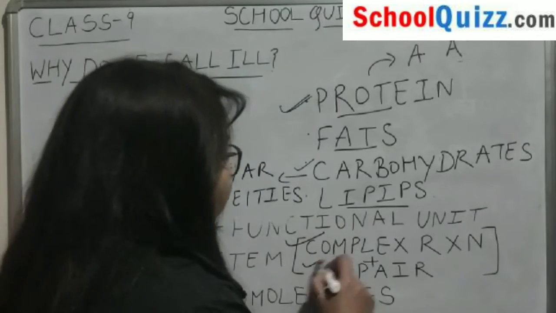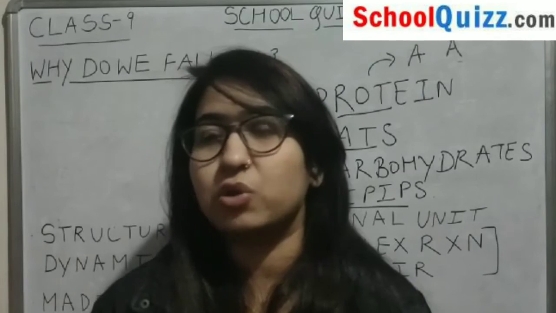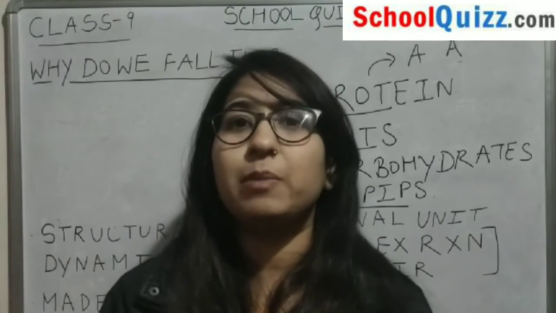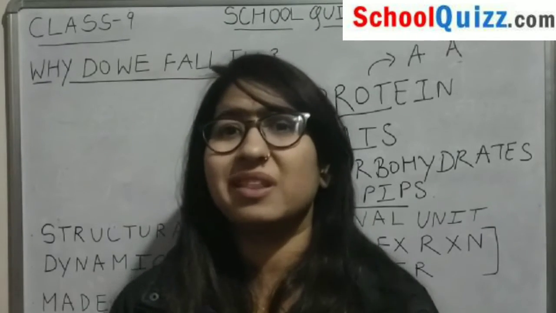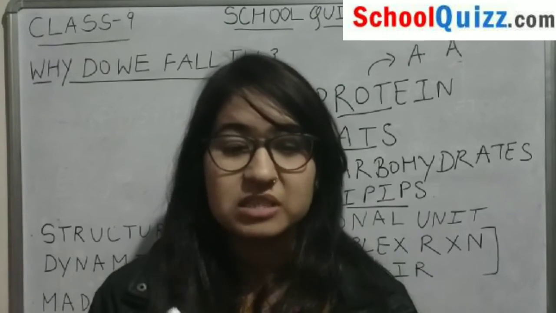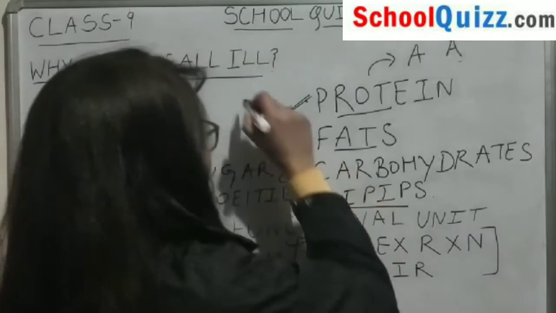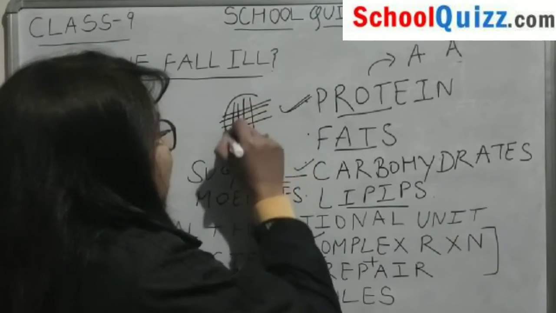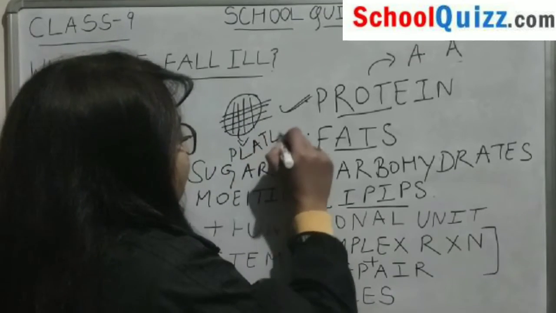And then we also have repair going on in our body. Suppose we get some injury in our body, it will be properly healed by our body only. These are all functions continuously going on in our body. Suppose when we have a wound, after some time we see a brownish, mesh-like structure formed. This mesh-like structure is formed by platelets only.